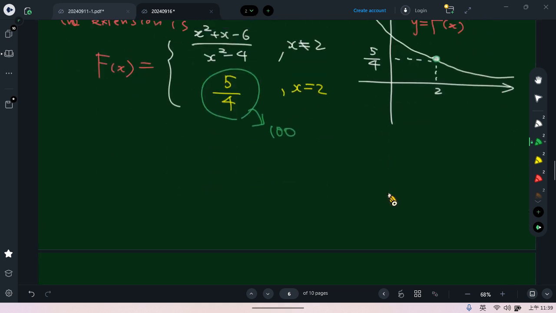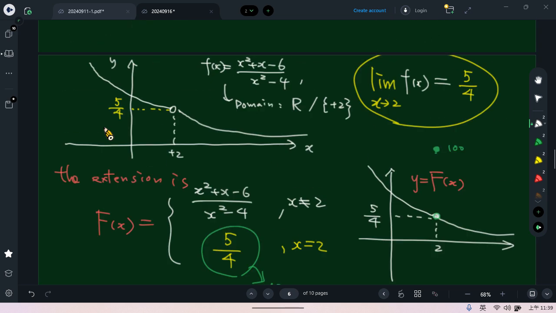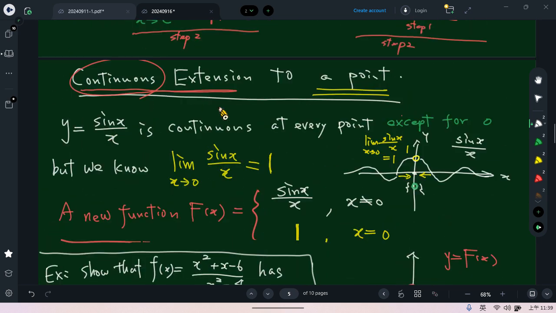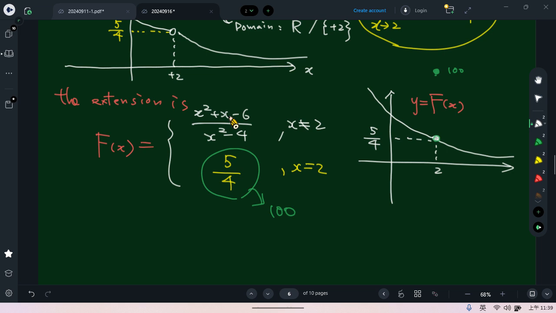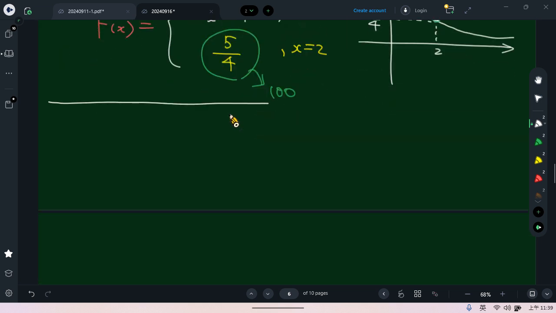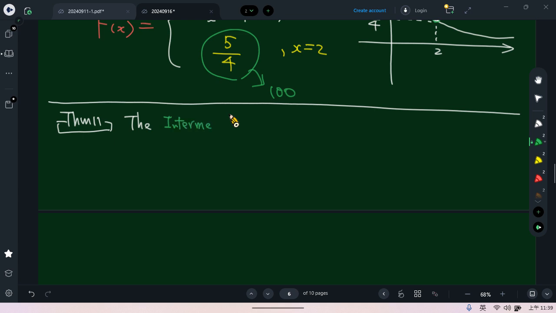Okay. Then this is about the continuous extension. Then I will show you a very important theorem. We call it the intermediate value theorem for continuous functions.